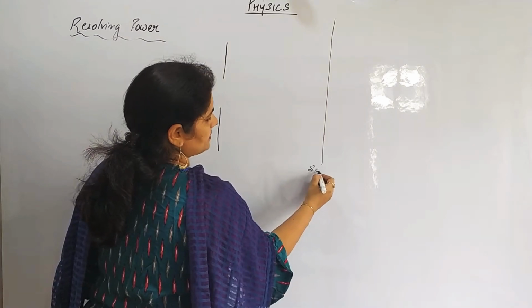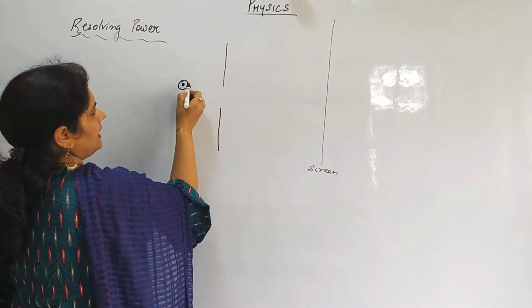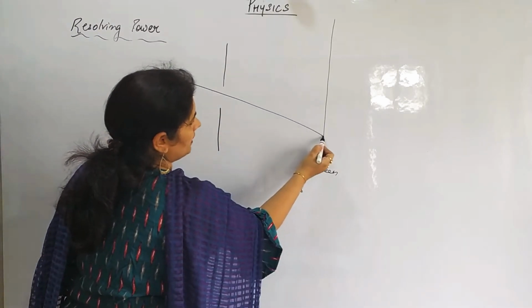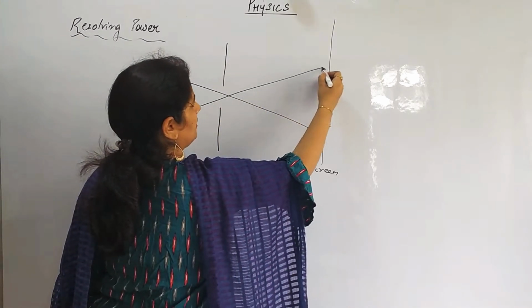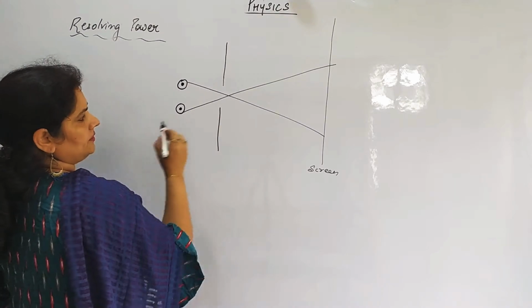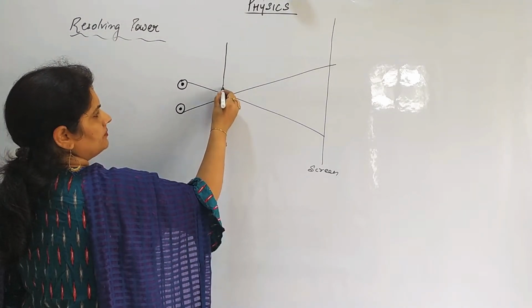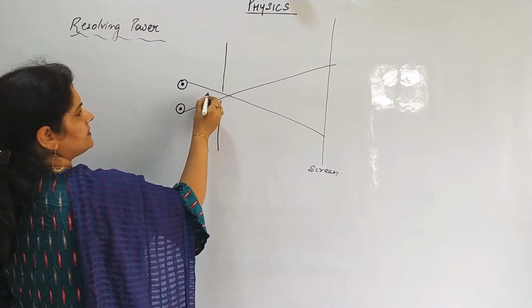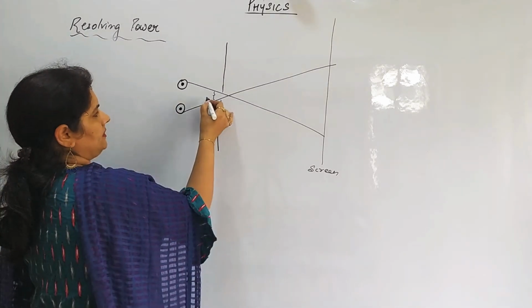The light coming out of this object will go till here, the light coming out of this object will go till here, and say this is the size of the aperture. Let us denote the size of the aperture by D, right?